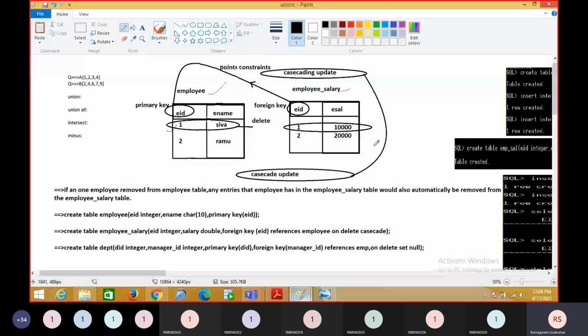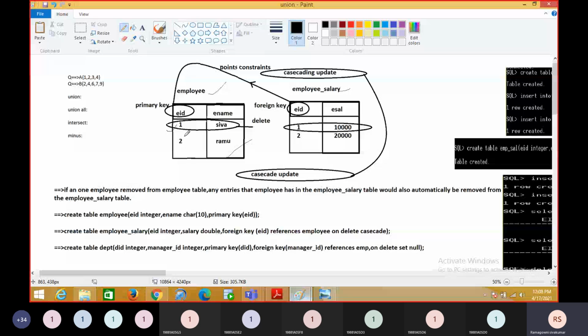I used these syntaxes to create two tables: an employee table and an employee salary table. Employee has employee ID and employee name, and the data is Siva and Ramu, with IDs 1 and 2.